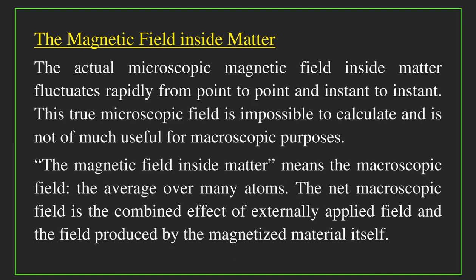The net macroscopic field in a material is the combined effect of the externally applied field and the field produced by the magnetized material itself. We apply a magnetic field externally, it magnetizes the material, and the magnetization produces another magnetic field. So the total magnetic field inside the material is the external field plus the field produced by the magnetization.